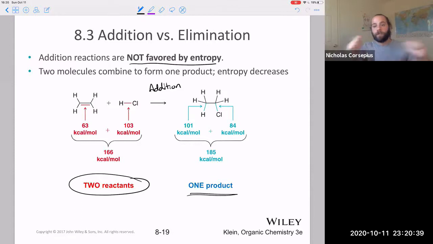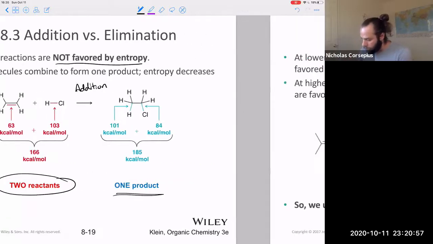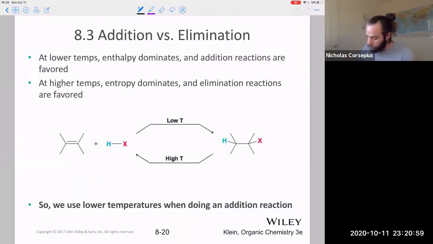They can randomly move around independently. Once you lock them together, they've lost that translational freedom. So there's this push-pull going on between the entropy term and the enthalpy term in these types of reactions. Addition would not be entropically favored, which means that elimination is more entropically favorable.